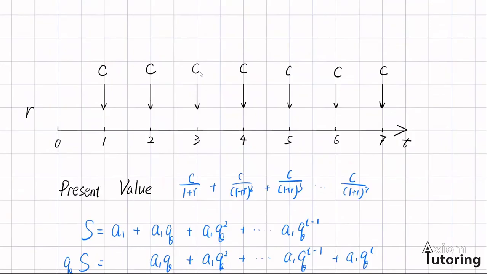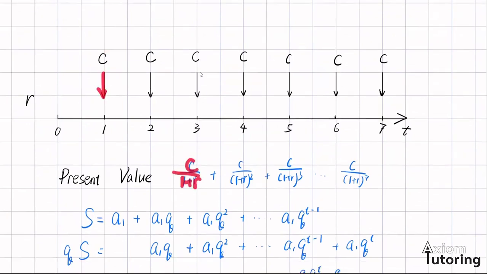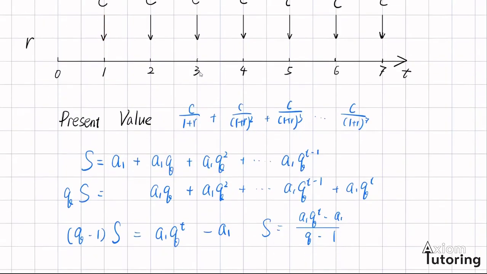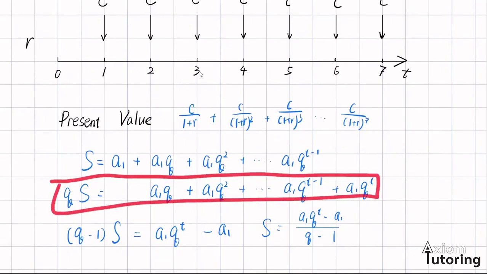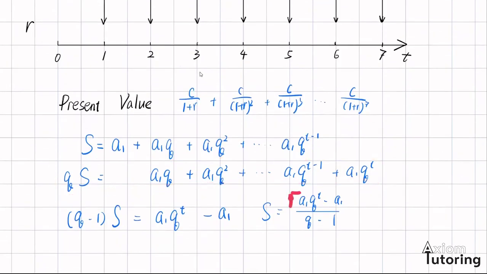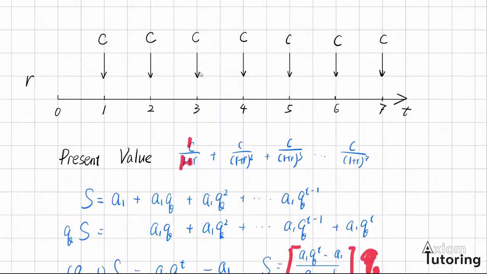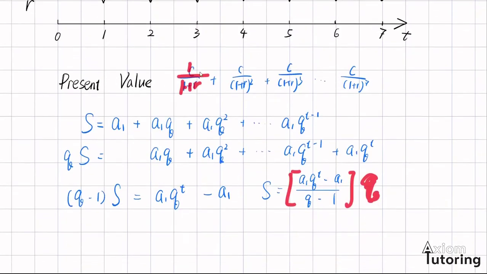You only discount what's in the future. So the first term is actually already discounted: it is C over 1 plus r, which is a bit different from this expression, since it starts with a term that does not have a q inside. So we only have to multiply a q outside, and then replace the q with 1 over 1 plus r, and then we have our final result.